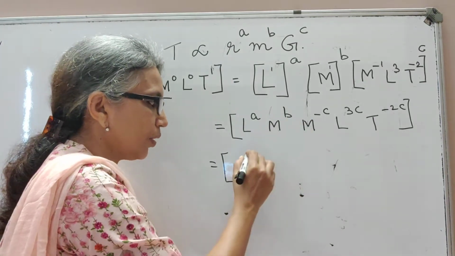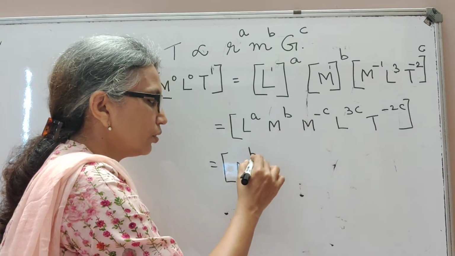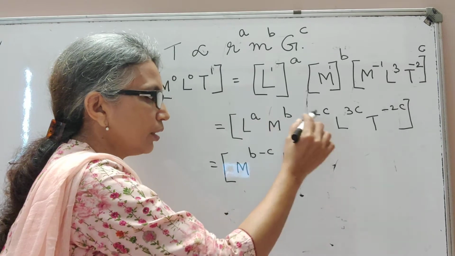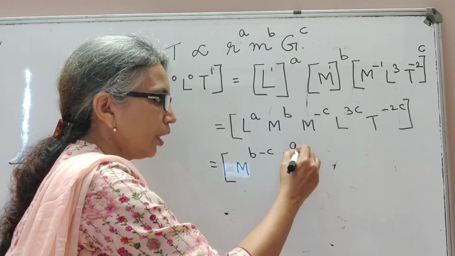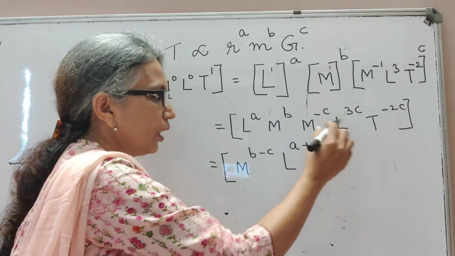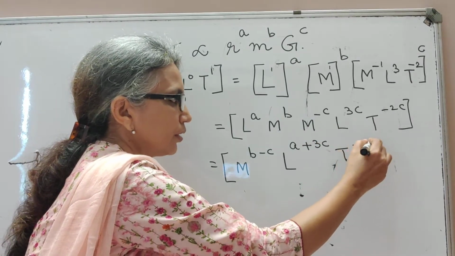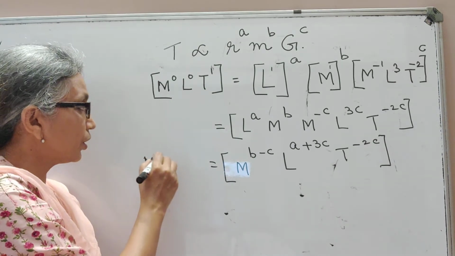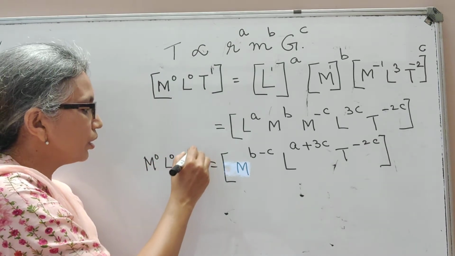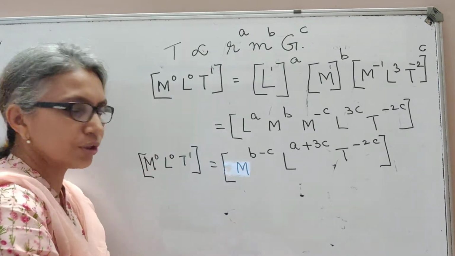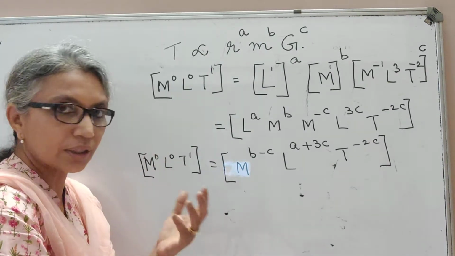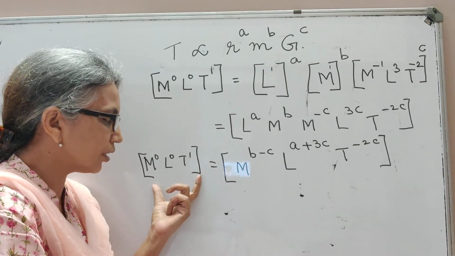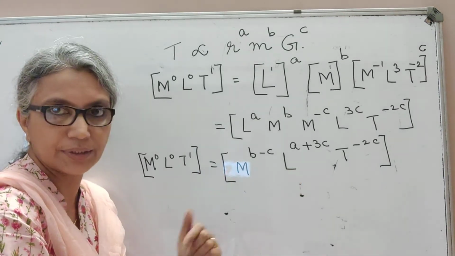So that will be, add the powers because you're multiplying here. So B minus C. L raised to, you have an A here and a 3C here. So A plus 3C, and T you just have the minus 2C. Okay. And on the left hand side we have M raised to 0, L raised to 0, T raised to 1. So the principle of homogeneity says you can get the correct equation by knowing that the dimensions on the left side of this term and this term must be the same.